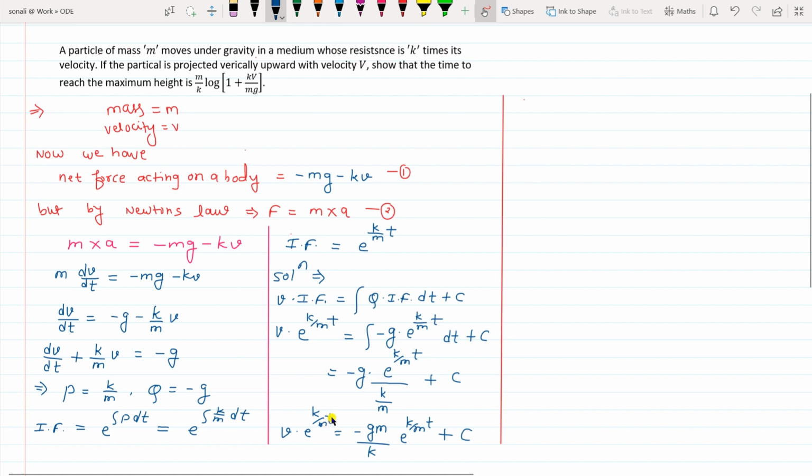Now here, dividing by this exponential term, we get v is equal to minus gm upon k. This exponential term will get cancelled, plus, now the exponential term is not present here. So when we divide by this exponential term, in the numerator we can write it as minus k by m into t.